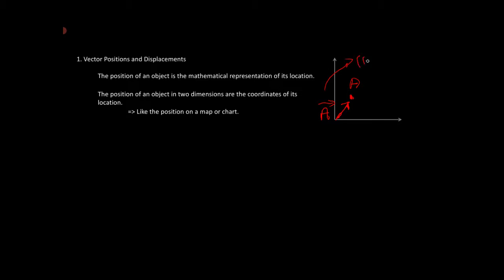It would be like 1 meter to the right, comma, 2 meters up. X first, Y later. So that's our initial position, A. Then we might have another position way over here, C, and that would have some sort of expression as an ordered pair.